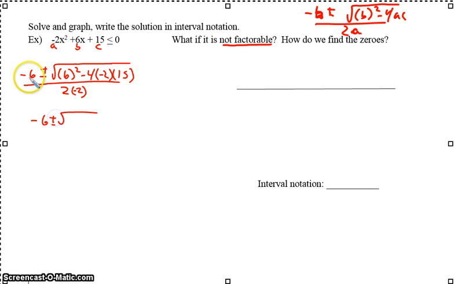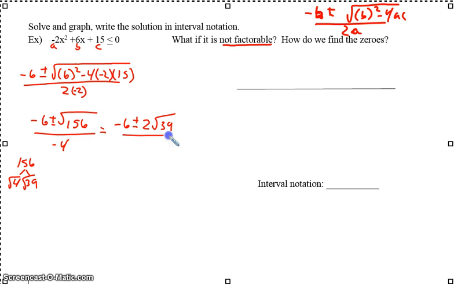I like to always simplify what's outside and what's underneath first, so under the square root sign, 36 plus 120 gives me 156. To simplify 156, I come up with a perfect square that goes inside of it, and I know that it's 4 times 39. So the square root of 4 times the square root of 39 gives 2 square roots of 39 over negative 4. So that's my exact value answer.